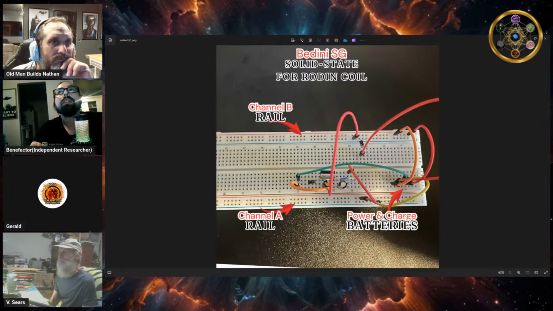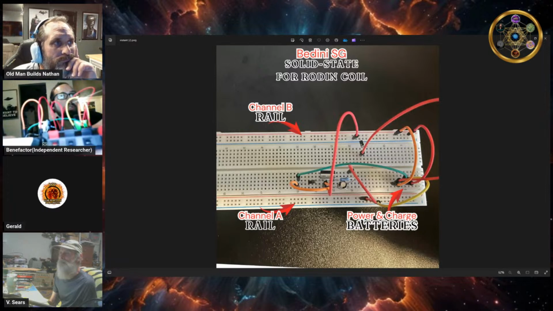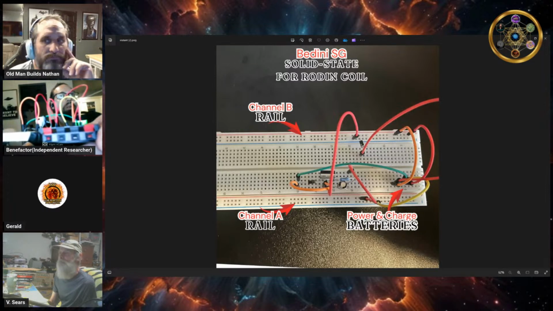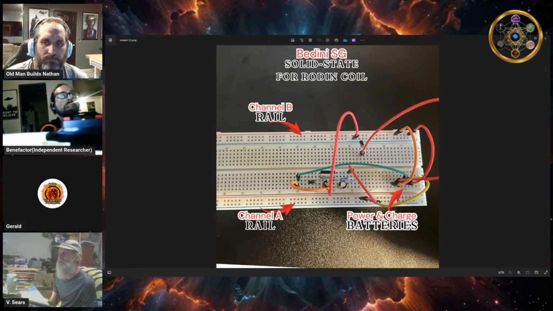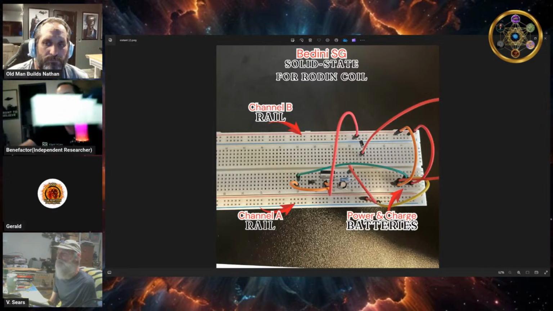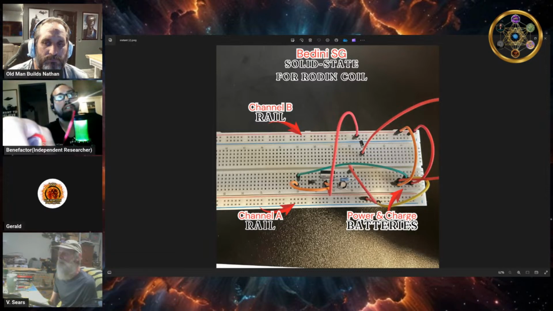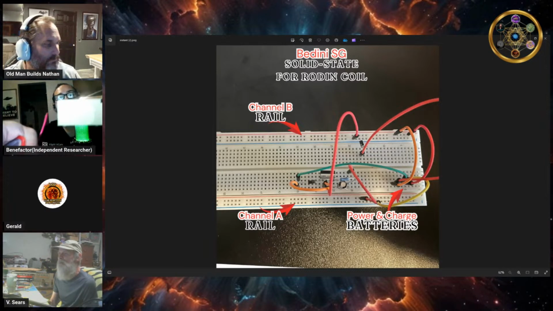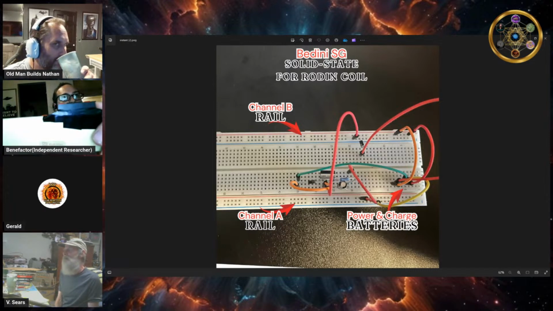Oh, there we go. Okay, so I actually modified this and put speaker terminals on the breadboard as well for the power and charge battery inputs. So they're a little easier. And all I did was take a little bit of magnetic enameled wire, and I burnt and soldered off the ends. I measured it, very small bits, and I didn't even bother soldering it. I tried to. It wouldn't solder very good, probably because of the glue in the back.